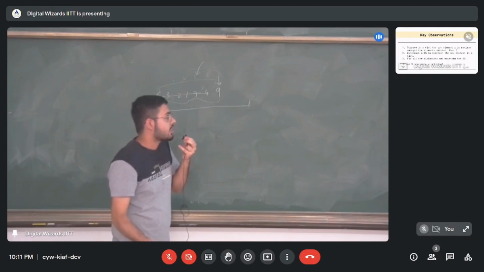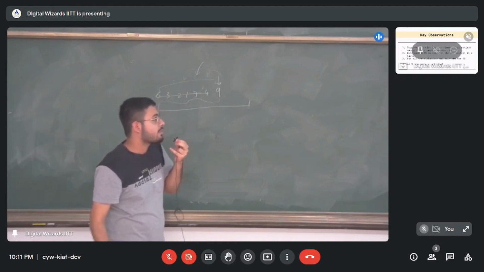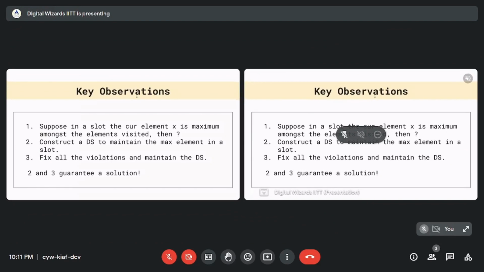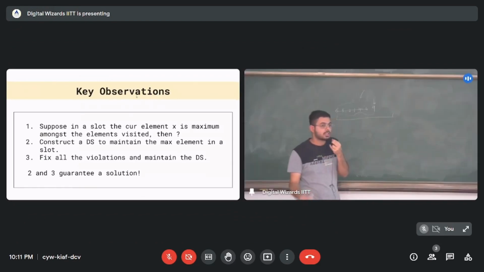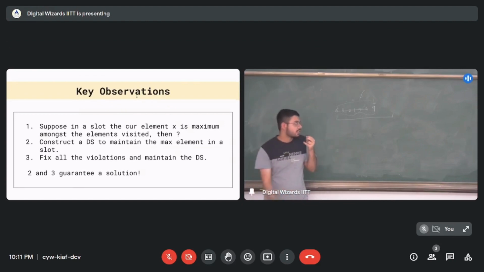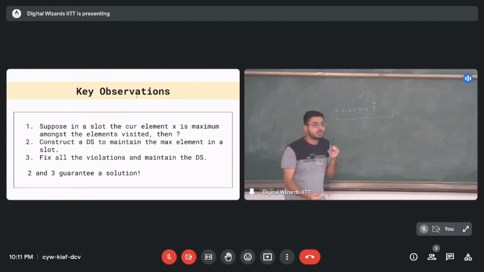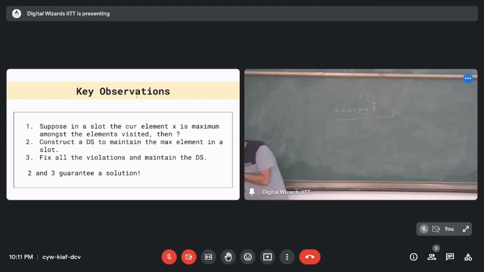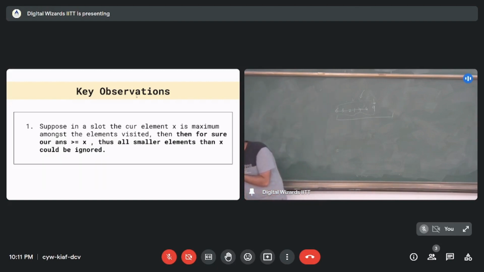You construct a data structure to maintain the max element in a slot, and you need to fix all the violations and maintain the data structure. It's as simple as you could think of. And again, 2 and 3 guarantee a solution. I hope you are able to understand that. The same logic that I used earlier in this stack thing. So that's the explanation behind my first point.